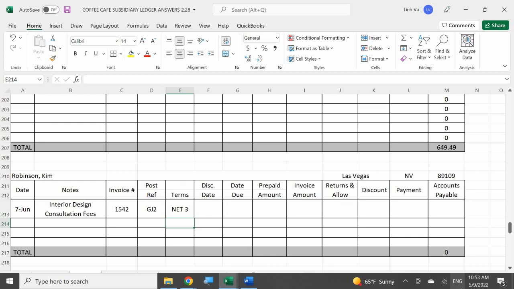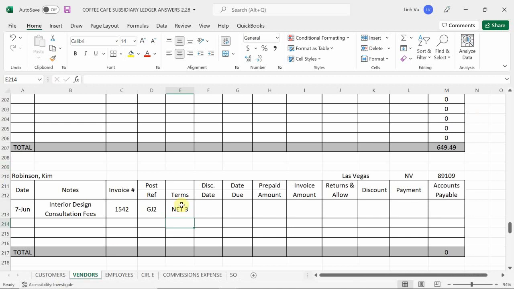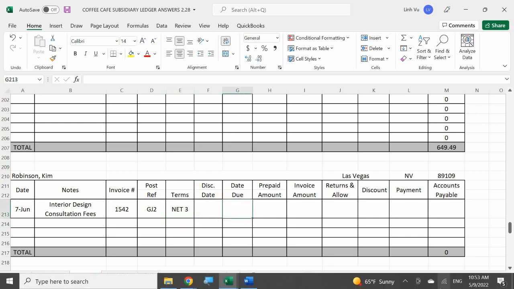You do need to lay out when your bill is due. So in this case, this bill is due in net 3 days. That means no discount due date because she didn't give me a discount. However, I do have a due date. So if this bill is due in 3 days, what date am I expected to pay this bill off?